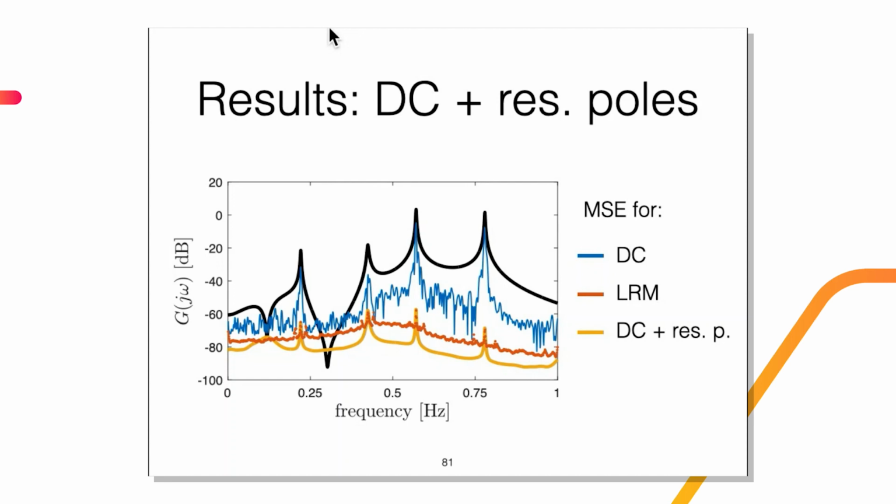But what is more important here is that the estimate corresponding to the yellow error is a continuous estimate in the frequency domain, whereas the orange estimate, the LRM, is a non-parametric estimate, which has as many points as the number of frequencies that you measure. The yellow one is an analytical function, an analytical estimate of the transfer function.